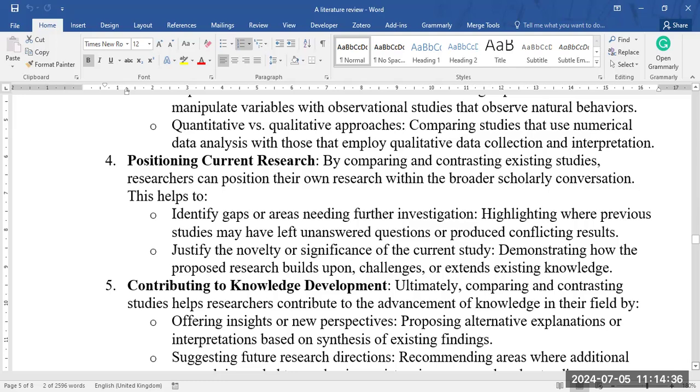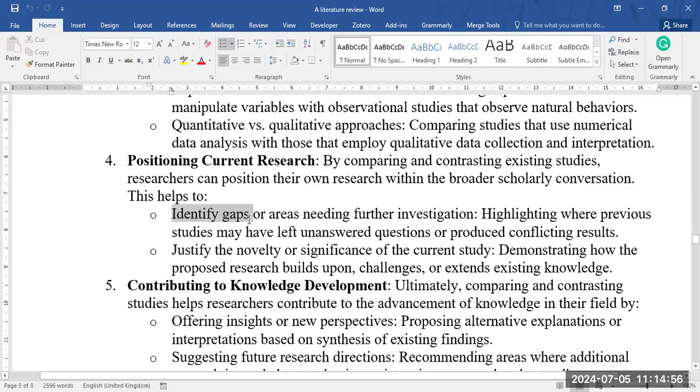This helps to identify gaps or areas needing further investigation, highlighting where previous studies may have left unanswered questions or produced conflicting results. By comparing and contrasting existing studies, researchers can identify gaps.